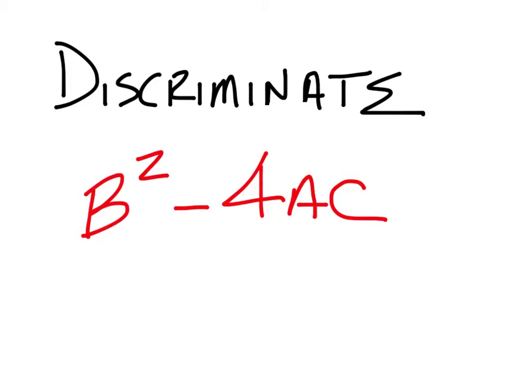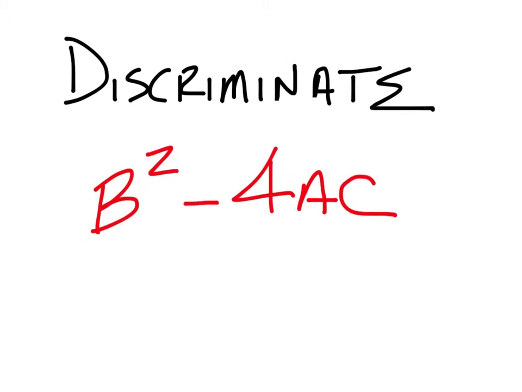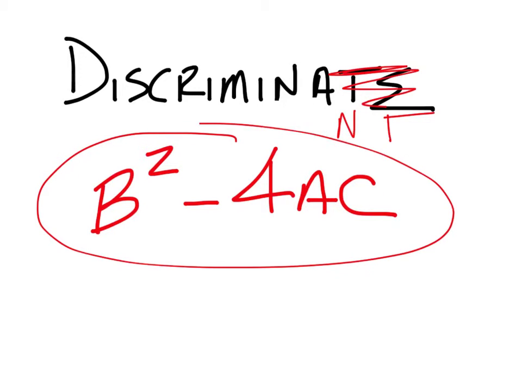Now this says discriminate. It's supposed to be discriminant. No TE, it's NT at the end, the discriminant. This is the item that's under the square root sign in your quadratic formula that you use to solve a quadratic equation. What the discriminant does is it lets you know if the answer is going to be a real answer or an imaginary one.